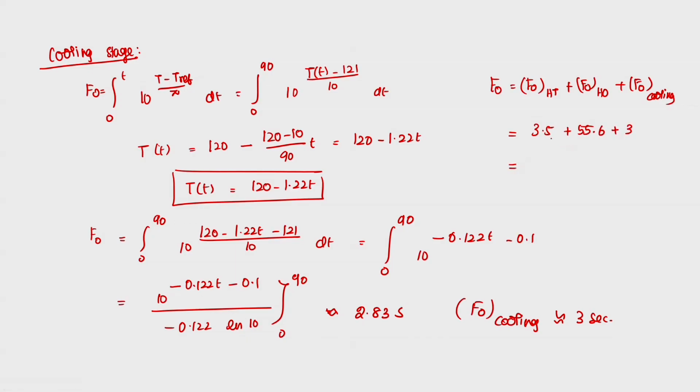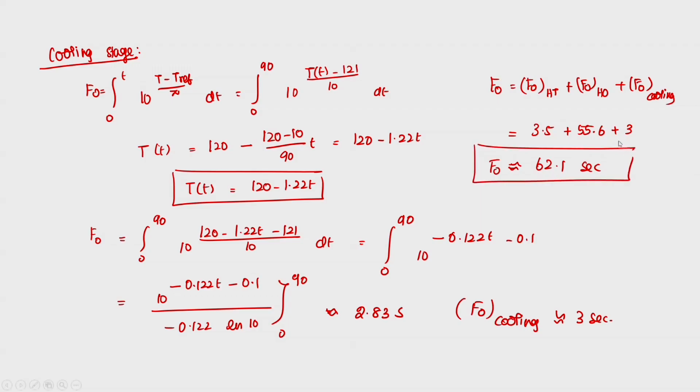So, this is 6.5, 61.5, so 62.1 around, right, approximately seconds for total F naught of this process.